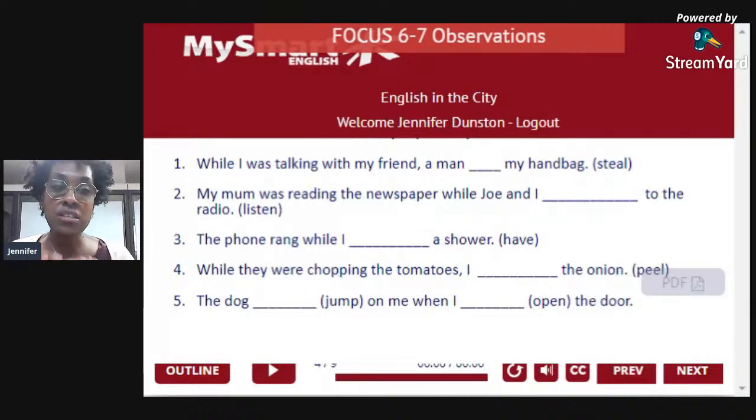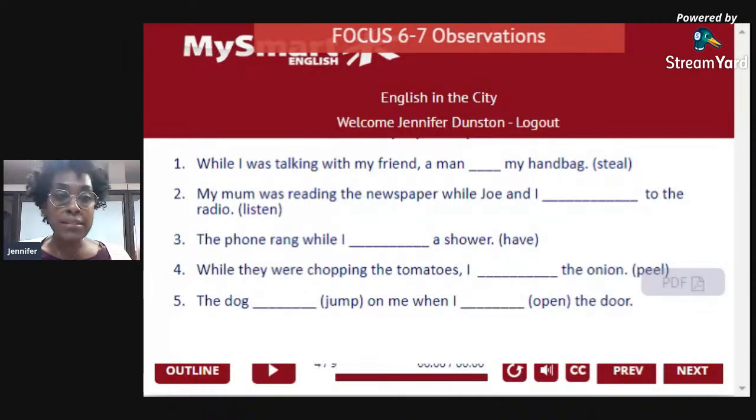Elena said the action is finished. And I believe Eliza said that the action has a specific time reference. So if I did something yesterday, yesterday is my time reference. If I listened to music yesterday, listened is the regular verb that ends in ed, and that's past simple.